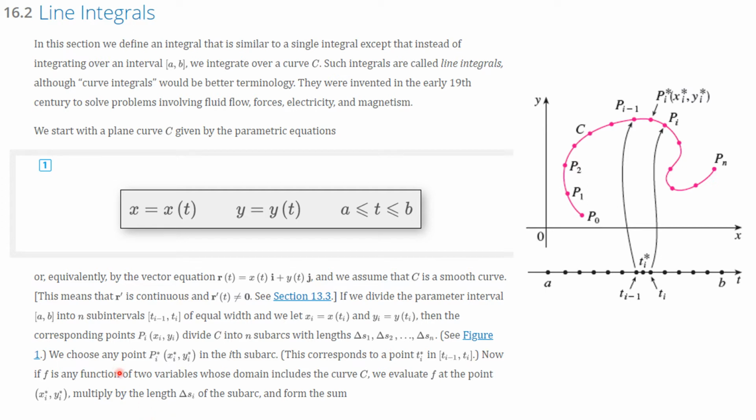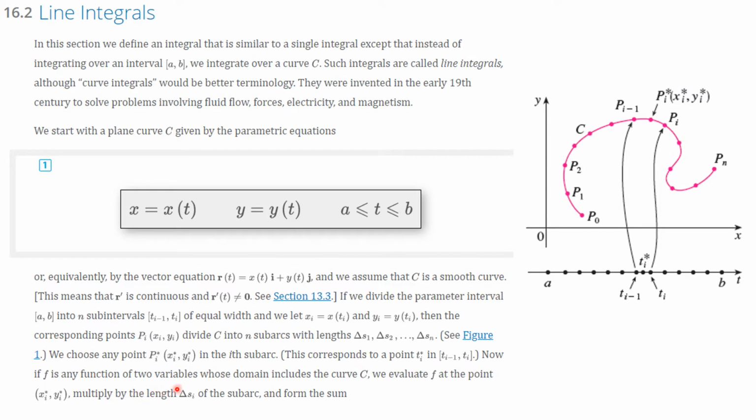There's the picture. So if we pick any point in that subarc, a point there, a point there, and so on, that corresponds to t i star, which is some point in the subinterval.